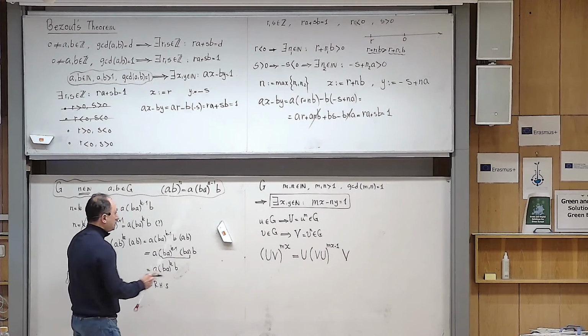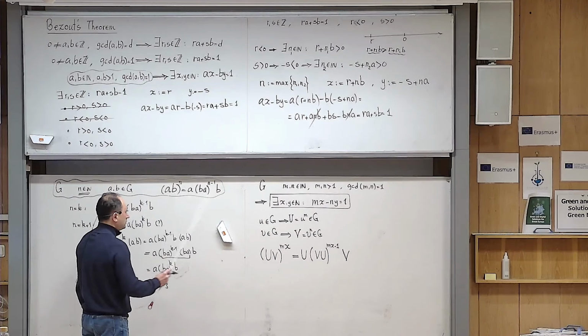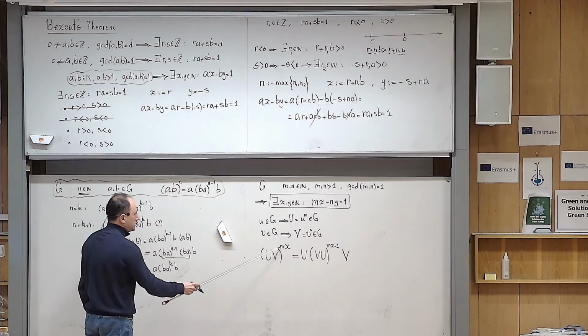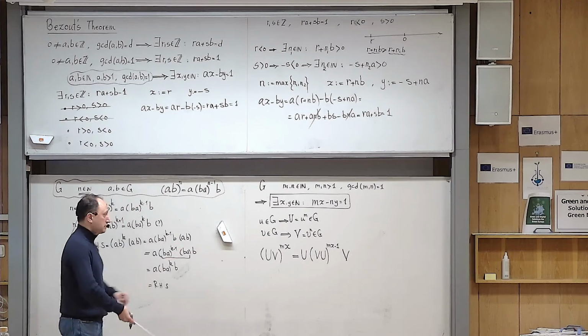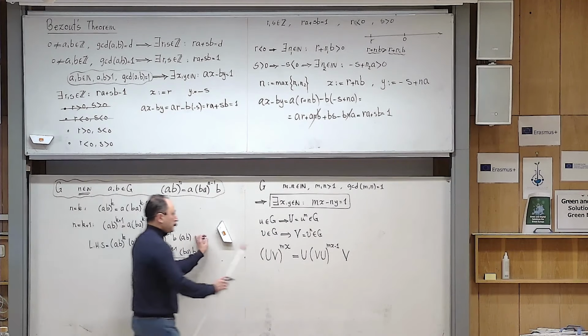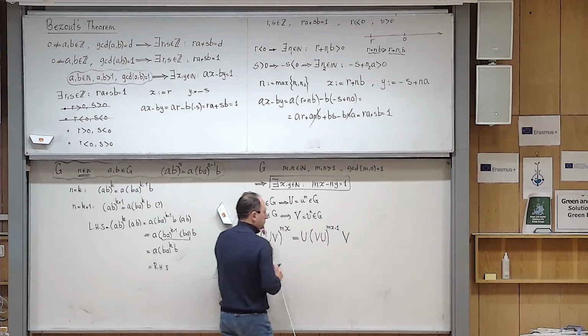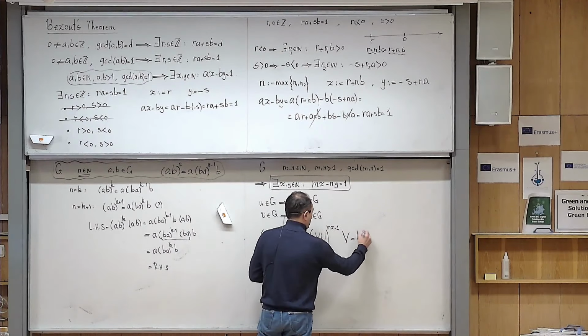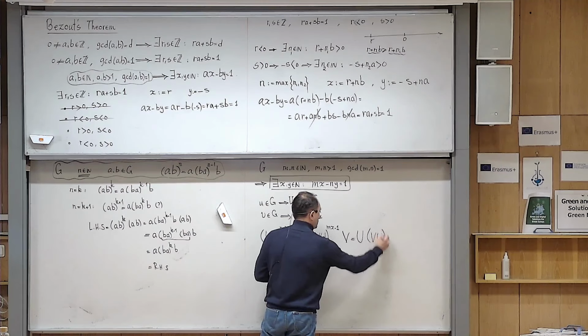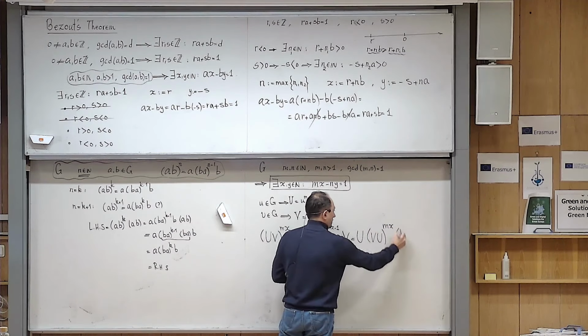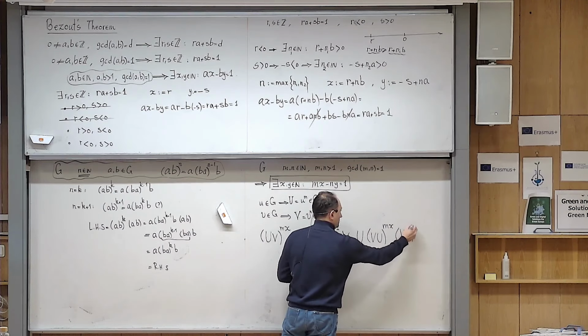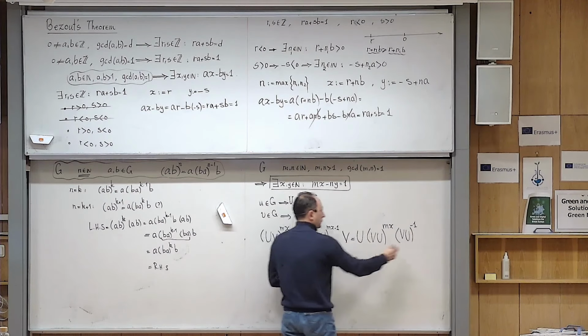I gave the role of a to capital U, gave the role of b to capital V, and gave the role of n, which is a natural number, to this natural number mx, and just copy and pasted the right-hand side. But I can decompose the middle term into the product of two powers. So I can write it as VU to the power of mx multiplied by VU to the power of minus 1 multiplied by V.